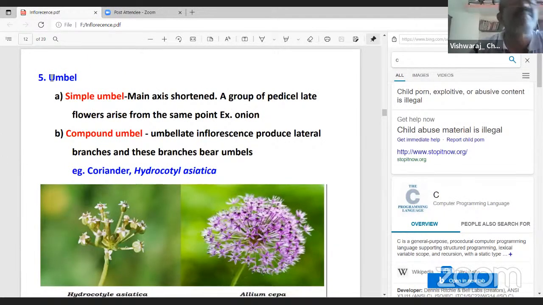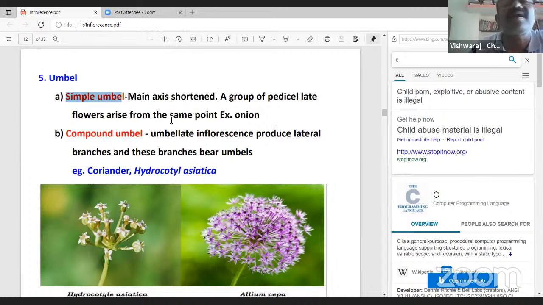And the fifth type of racemose inflorescence is the umbel. Umbel is again divided into two types: simple umbel and compound umbel.